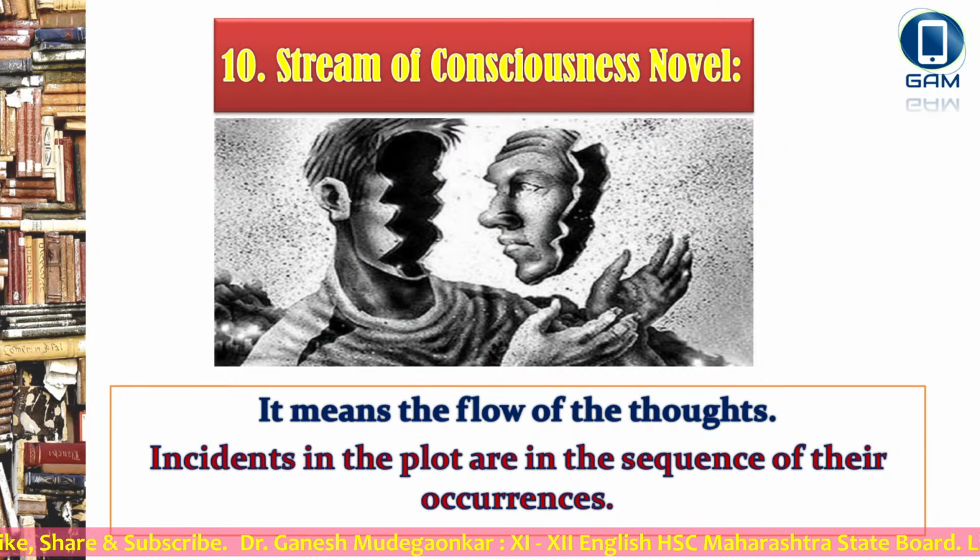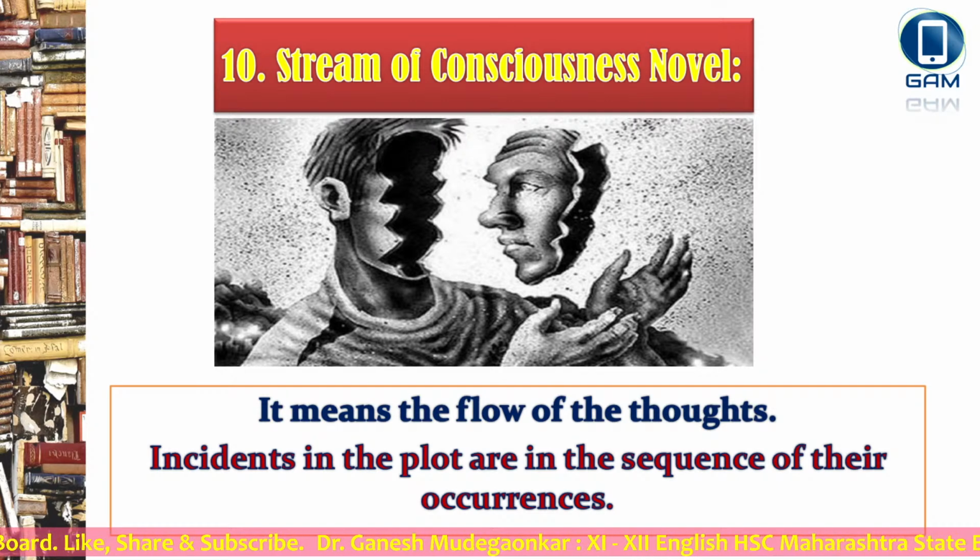Okay, then the next version of psychological novel we can say, that is stream of consciousness. Means what? The flow of thoughts. Sometimes you are having different types of thoughts in your mind and you are not able to control that, or sometimes you don't want to control those thoughts.